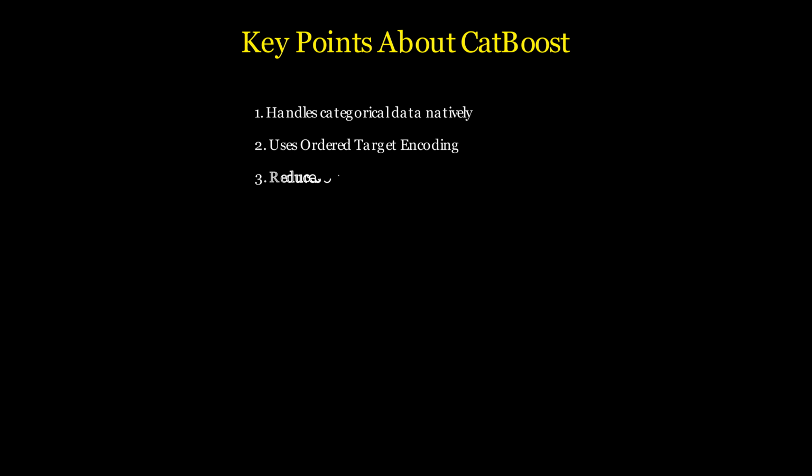CatBoost uses ordered boosting, which shuffles data to reduce overfitting and improve generalization. It supports GPU acceleration, making it significantly faster for large datasets compared to CPU-based implementations.